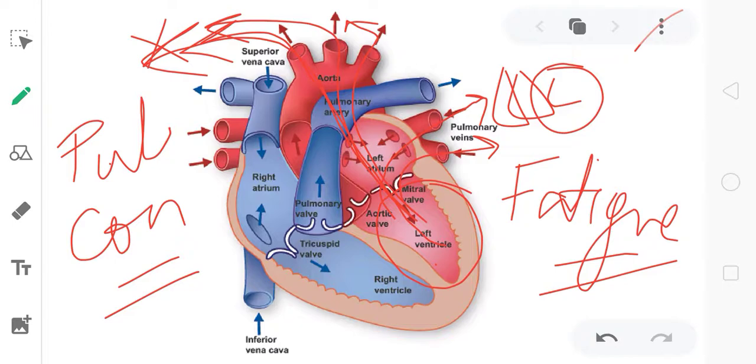It will cause peripheral edema, ascites, congestive hepatomegaly, congestive splenomegaly, increased jugular venous pressure. In case of left heart failure, there will be congestion in the lungs. It will cause dyspnea, orthopnea, coughing, paroxysmal nocturnal dyspnea, crackles, etc.